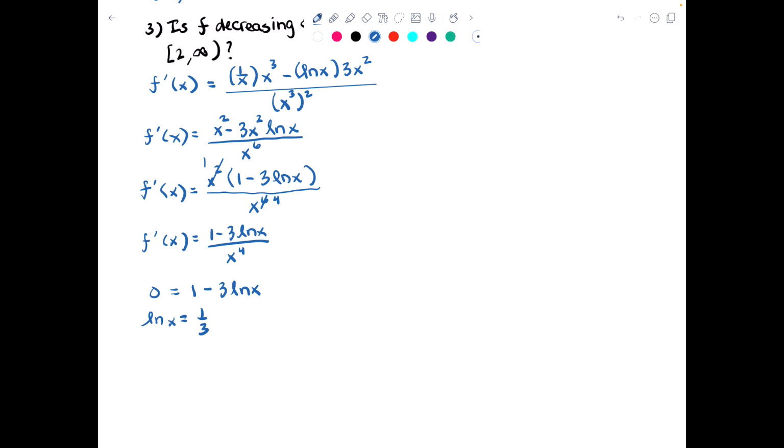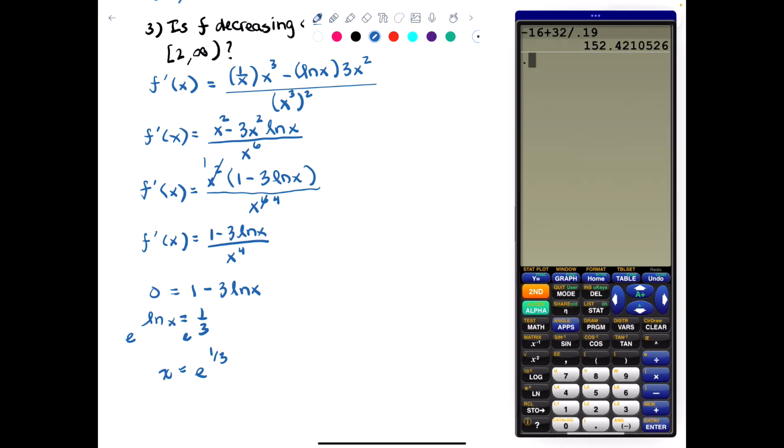And then exponentiating both sides, we'll get x is equal to e raised to the 1/3. And e to the 1/3 is greater than 1 but less than 2, because remember e is 2 point something.